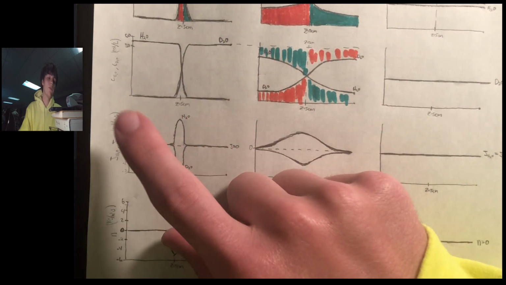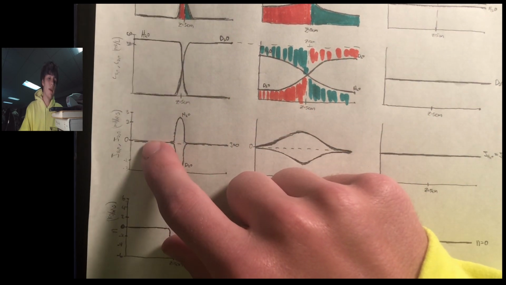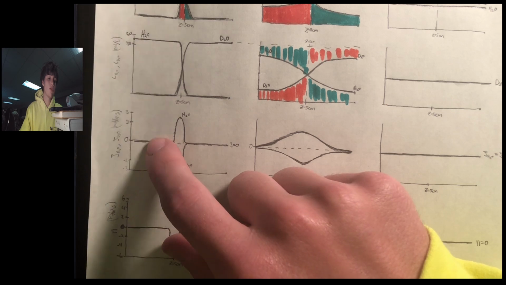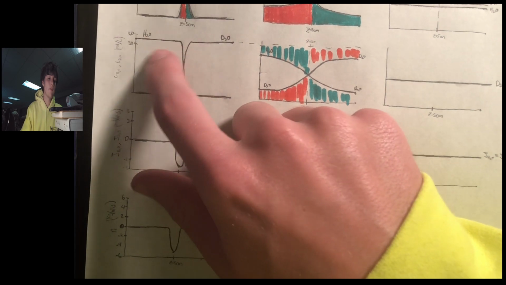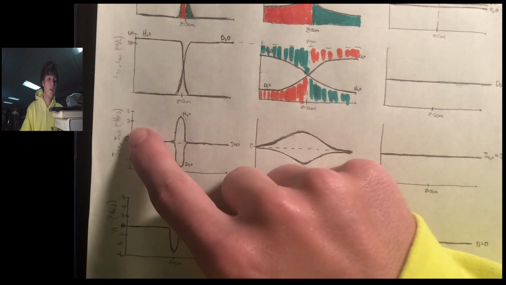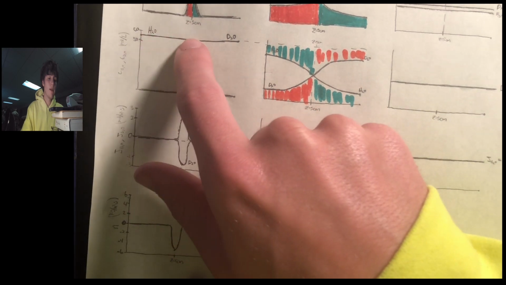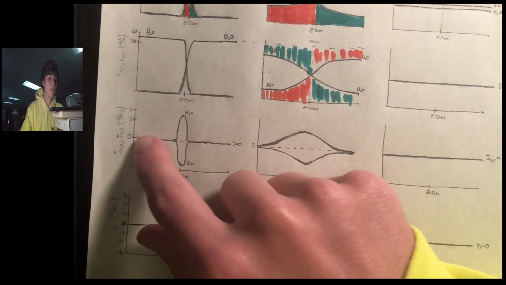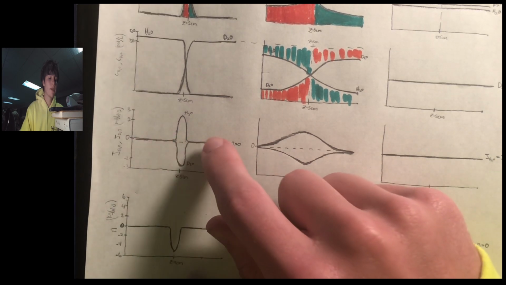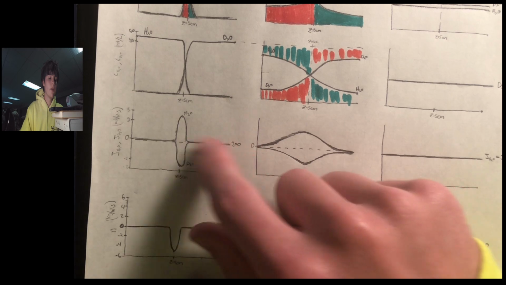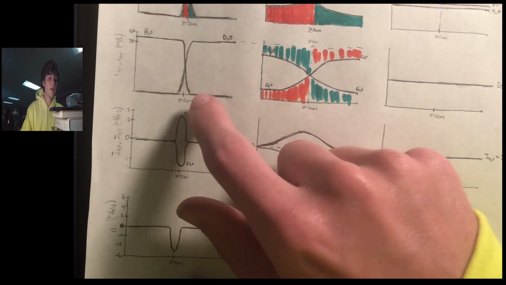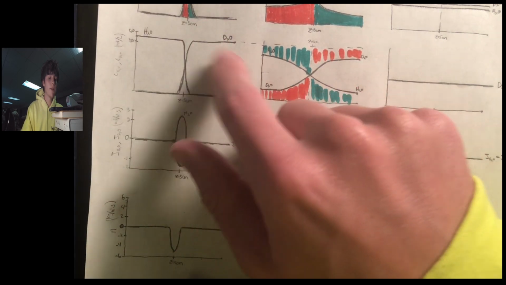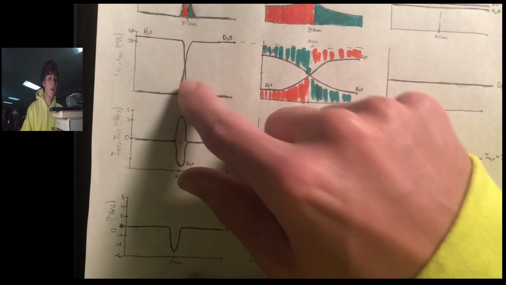So the molar diffusion flux of the component is proportional to the gradient of the molar concentration curve. So when the gradient here is equal to 0, there's 0 molar diffusion flux, and then same here, there's 0, because for both of these, all of these gradients here are 0, except right here in the middle.